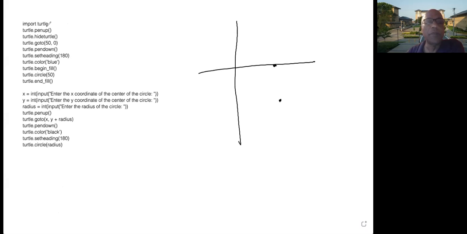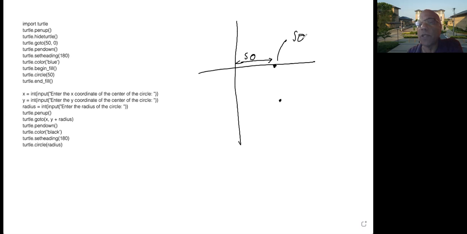So we put the pen up, hide the turtle. I don't want to see that turtle. And then I go to 50, 0. So I'm going 50 units to the right, but I'm not going down or going up. I'm staying here.